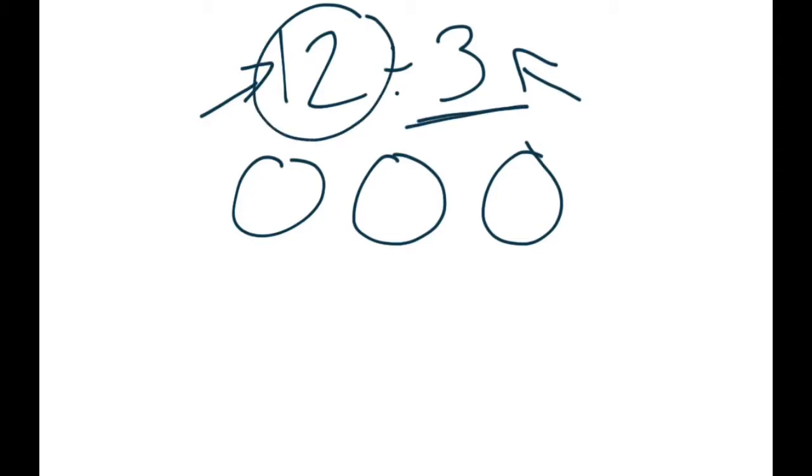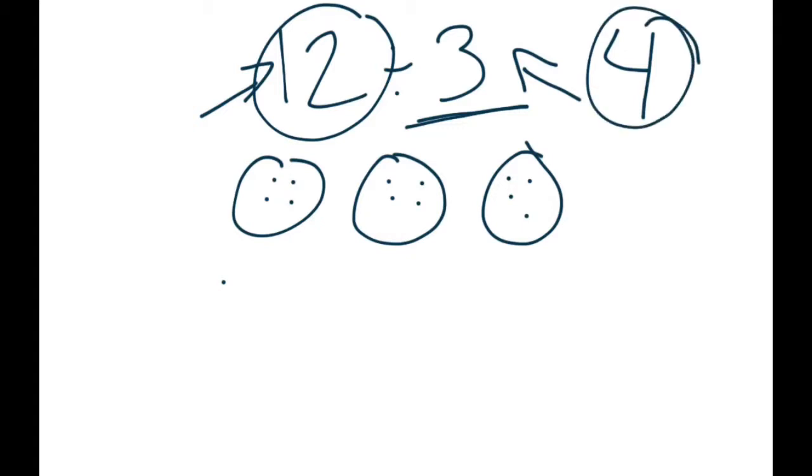So we're going to put 1 dot into each group until we reach 12. So 1, 2, 3, 4, 5, 6, 7, 8, 9, 10, 11, 12. So we have 4 markers in each group. So our answer is 4.